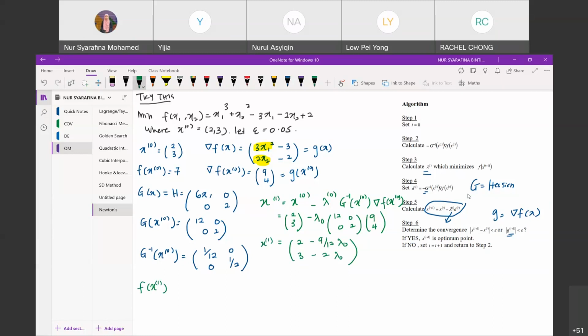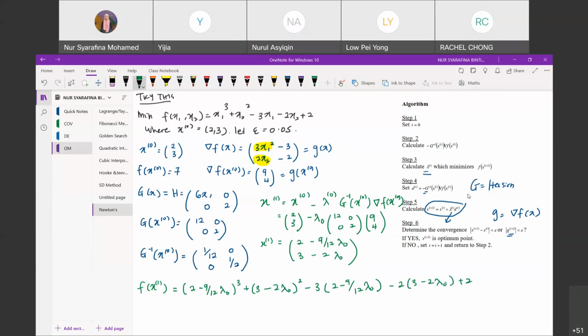Your f at x1 is given by 2 minus 9 over 12 lambda naught cubed plus 3 minus 2 lambda naught squared minus 3 times 2 minus 9 over 12 lambda naught minus 2 times 3 minus 2 lambda naught plus 2.